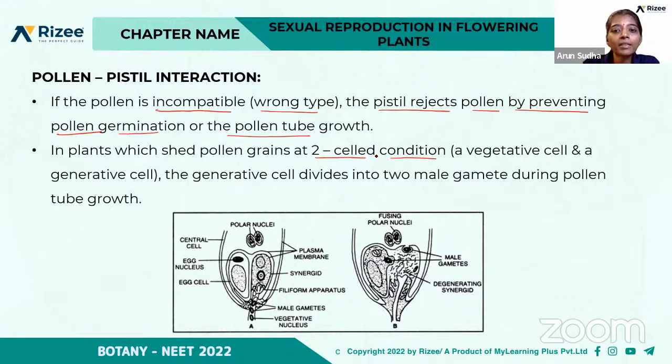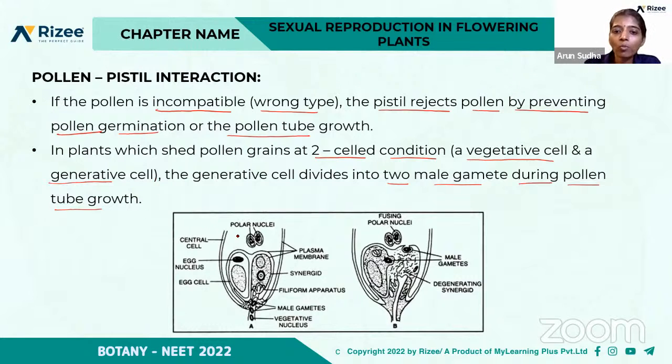If it is at the two-cell stage, the generative cell divides into two male gametes during pollen tube growth. So the division happens during the growth of the pollen tube, right? The generative cell now divides into two male gametes.